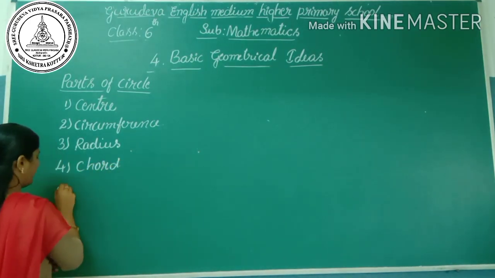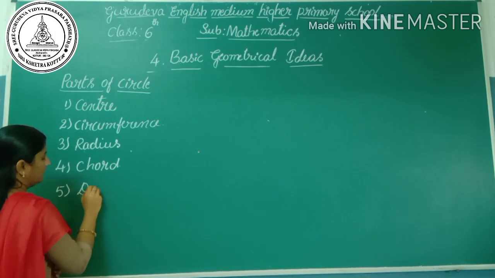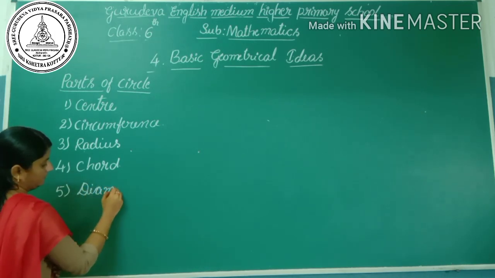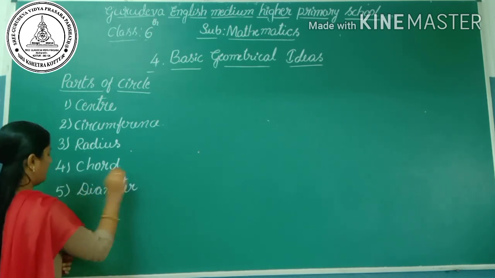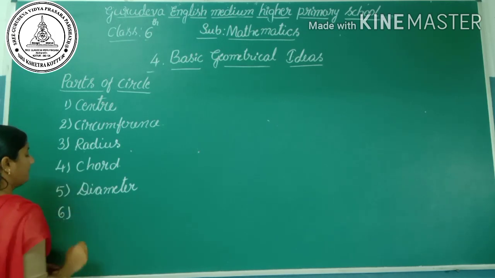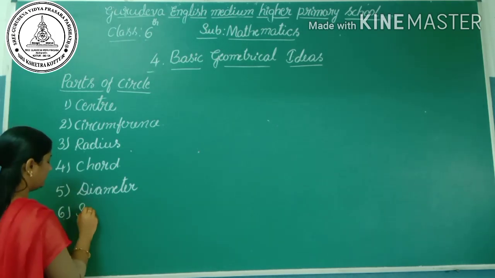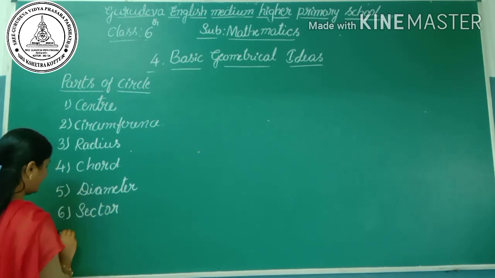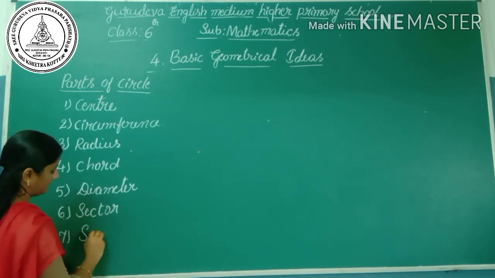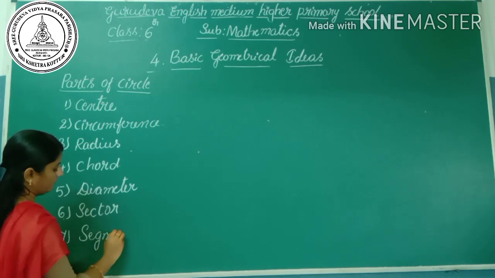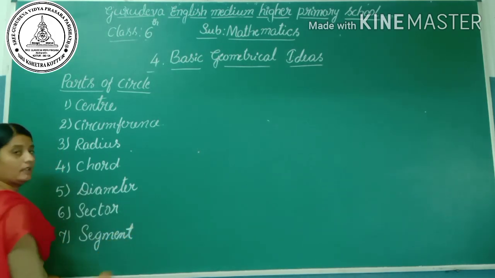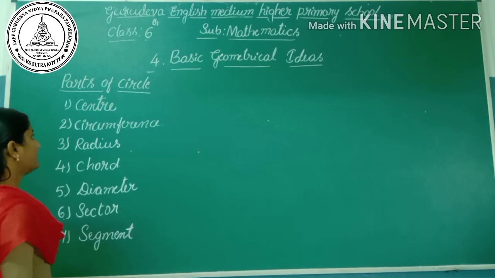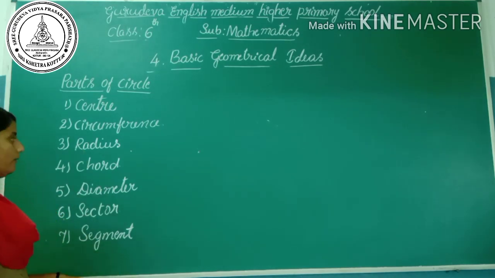And the fifth part is diameter. And the sixth part is sector. And the seventh part is segment. Segment, right? Yes. Let's see them one by one.